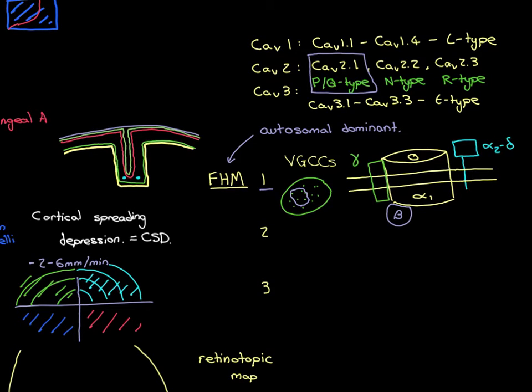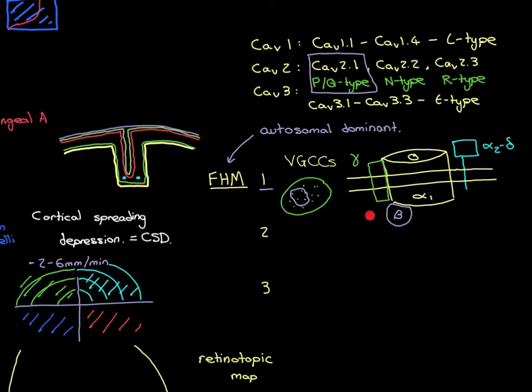This will, if you have it, give rise to you having some dysfunctional PQ-type voltage-gated calcium channels in your brain, and somehow this puts you at risk of developing cortical spreading depression, specifically in the primary motor cortex, which normally in the polygenic cases of migraine does not happen.